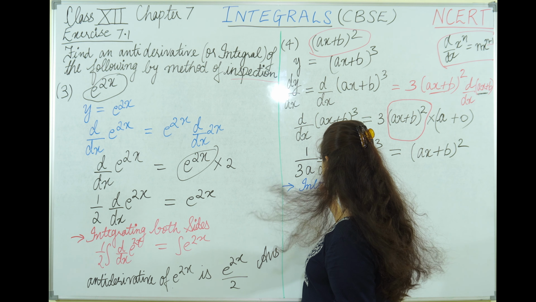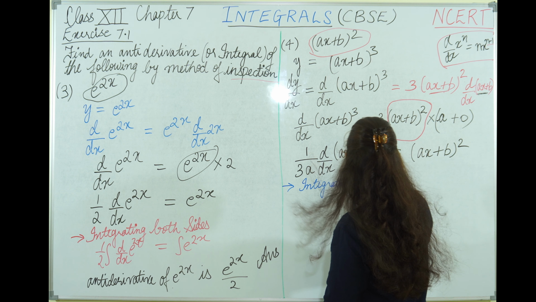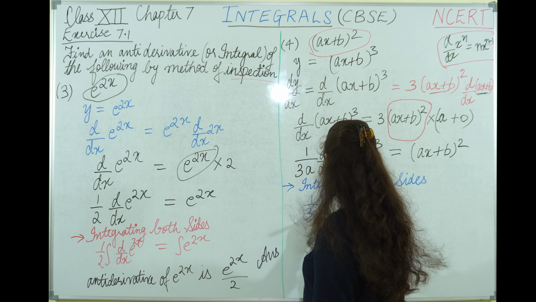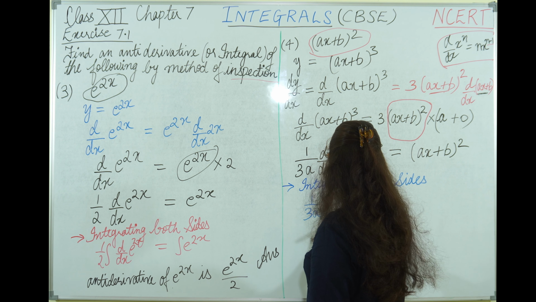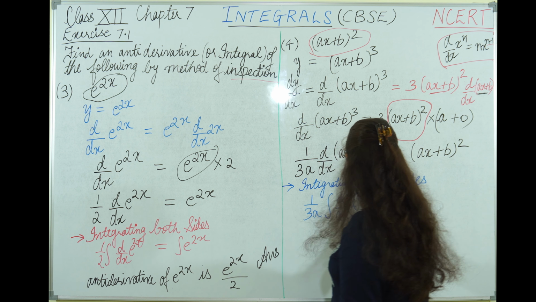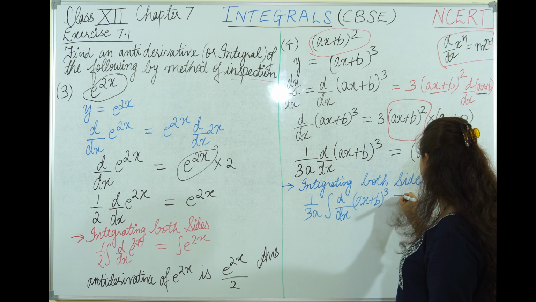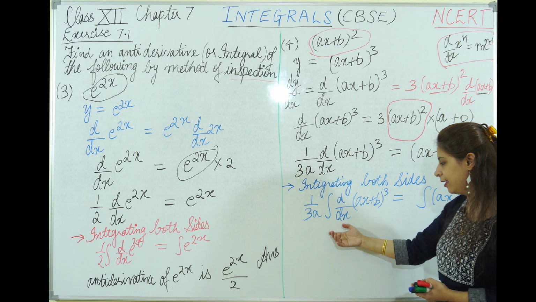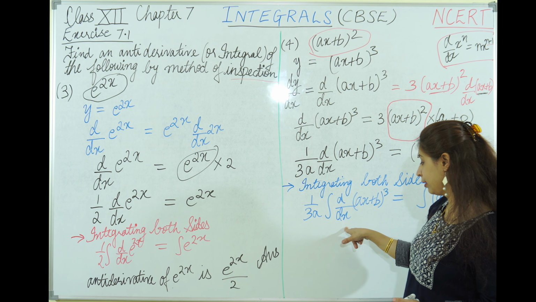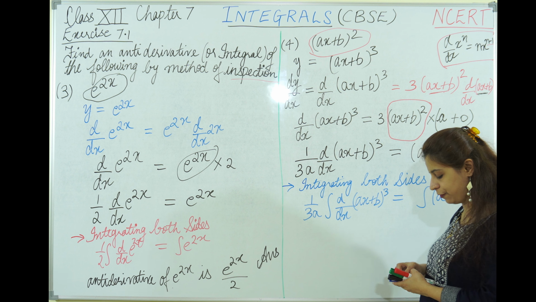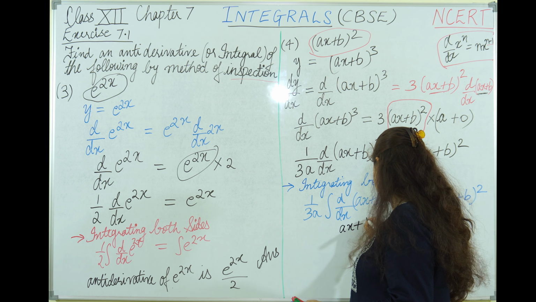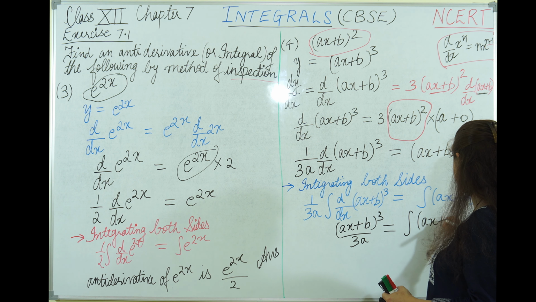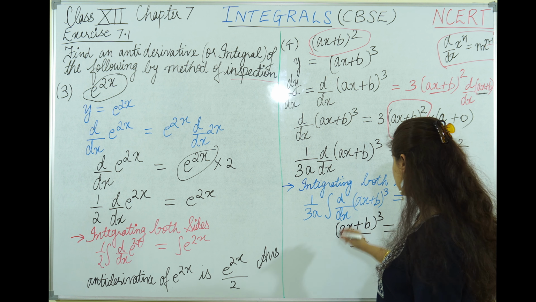Integrating both sides gives 1 upon 3a integration of d over dx of the function (ax plus b) whole cube equal to integration of (ax plus b) whole square. By inspection it is already clear that if we integrate the derivative of any function, we get the function itself. So I'll be getting (ax plus b) whole cube upon 3a equal to integration of (ax plus b) whole square. So this is my antiderivative.